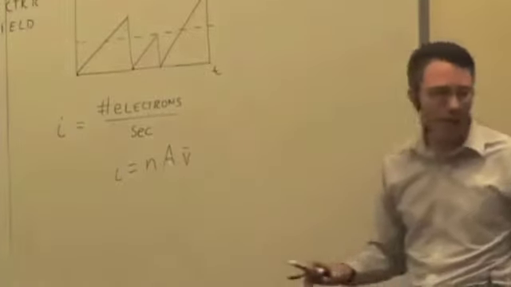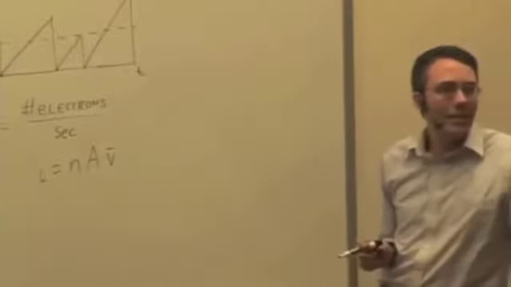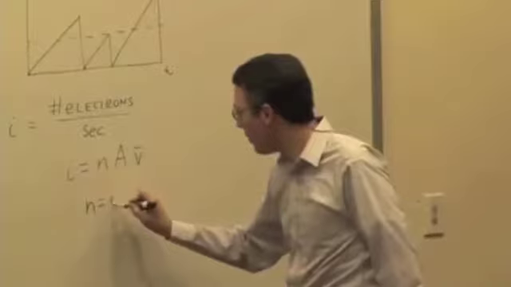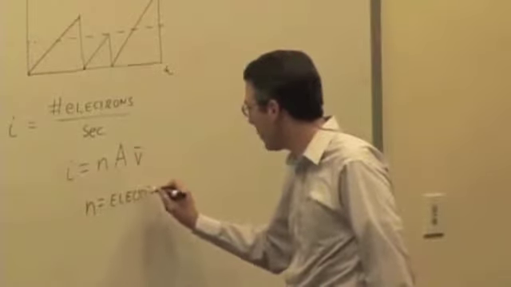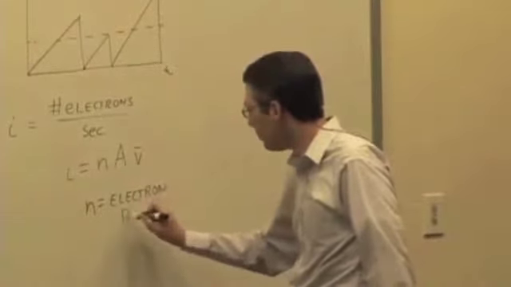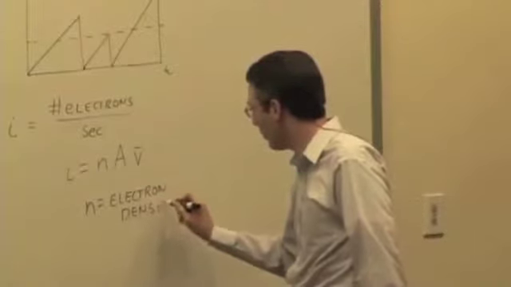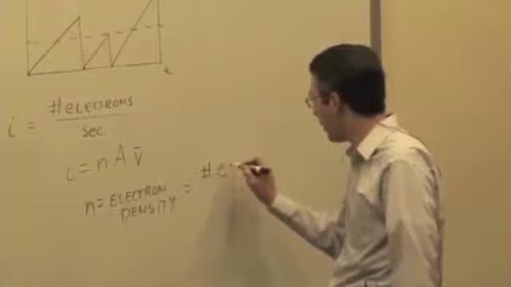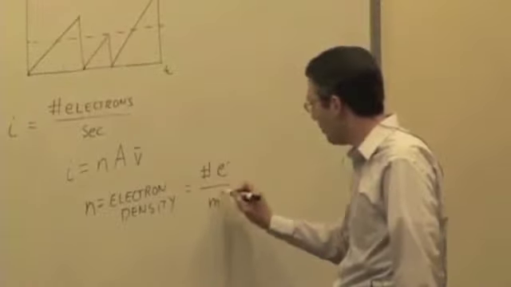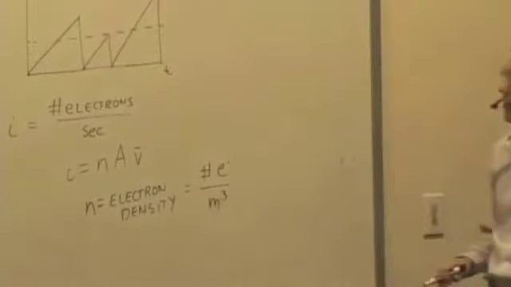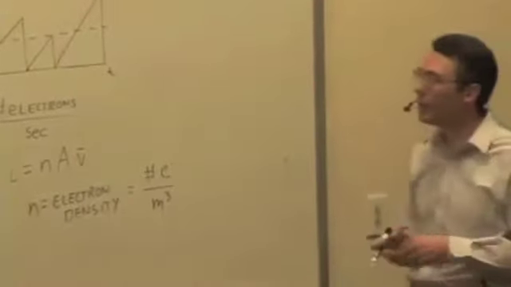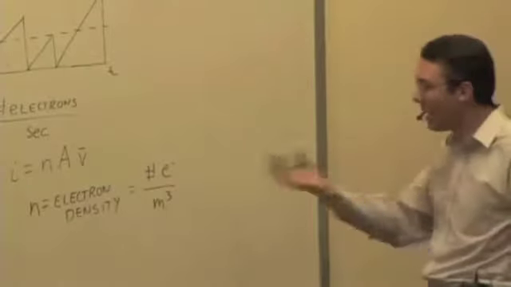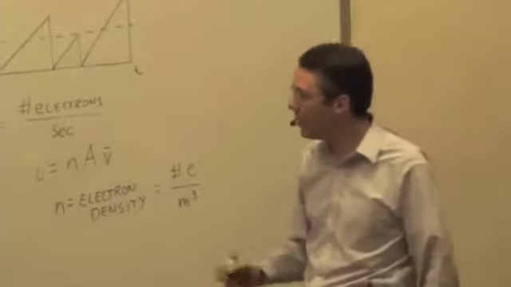What was little n? Electron density. Little n is the number of electrons per volume, per cubic meter. So there's some certain number of free, mobile electrons per cubic meter in a particular metal. Again, that's a property of the material, just like the mobility.